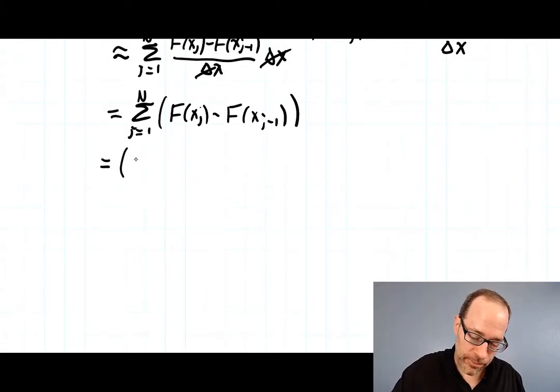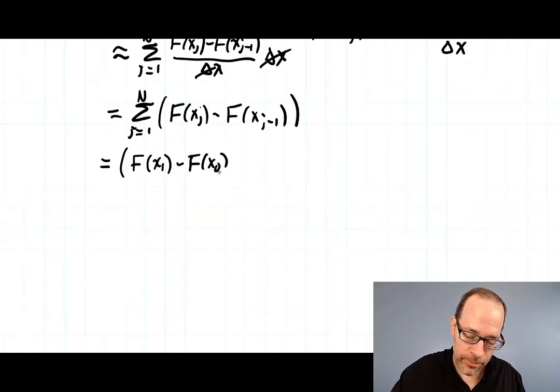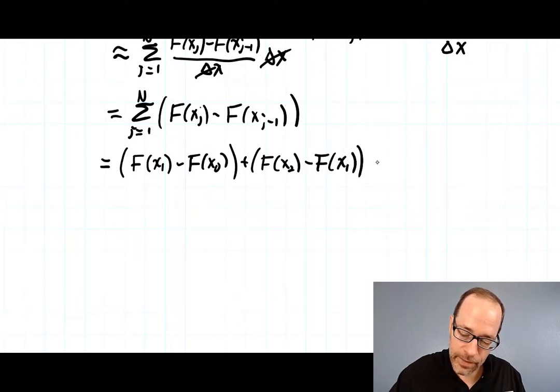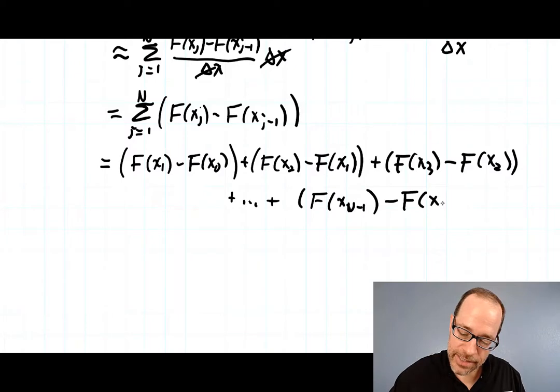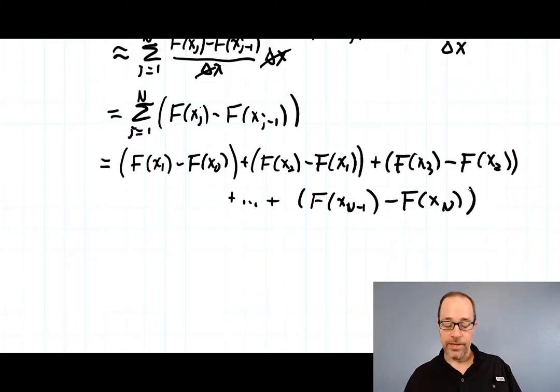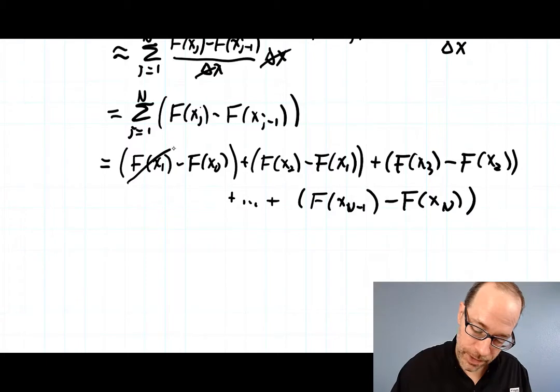So the first term is F at x1 minus F at x0. The next term is F at x2 minus F at x1. The next term is F at x3 minus F at x2, and so forth, until the very last one gives F at x N minus 1 minus F at x N. And you see, every term has a bunch of cancellation in it.